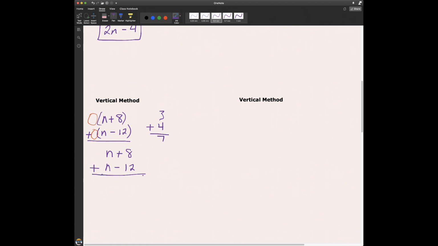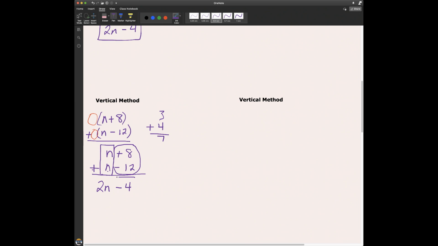All right, so this is an addition problem. So now I can go ahead and line up. There's my like terms. They are already lined up, and I can go ahead and combine them. n plus n is 2n. Positive 8 plus negative 12 is negative 4.